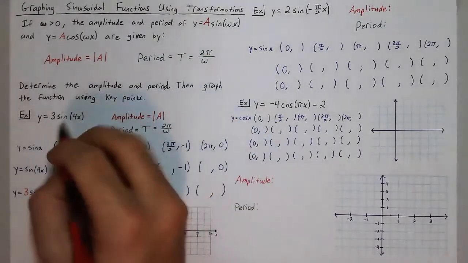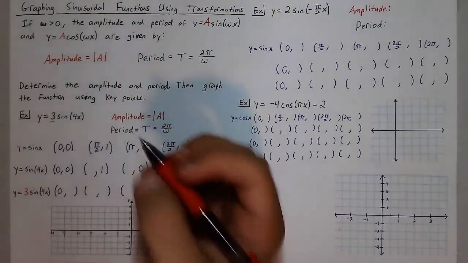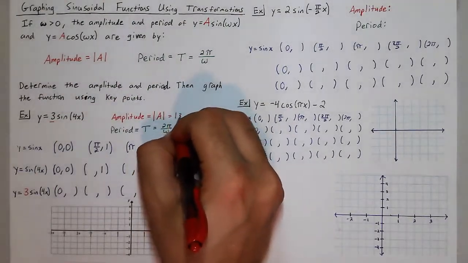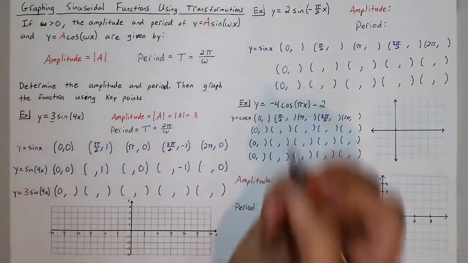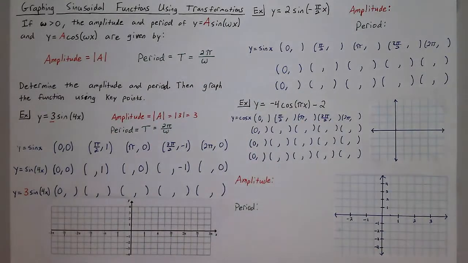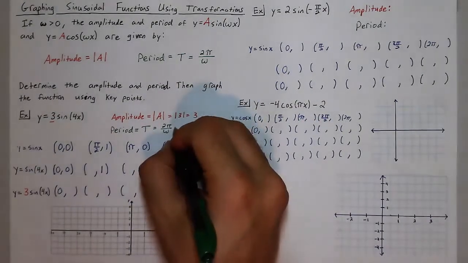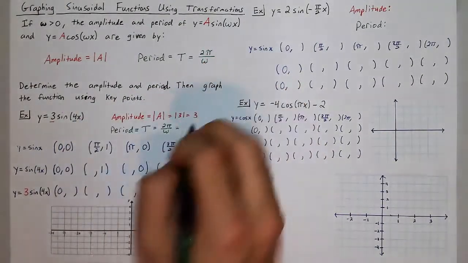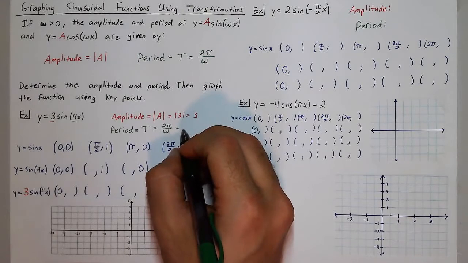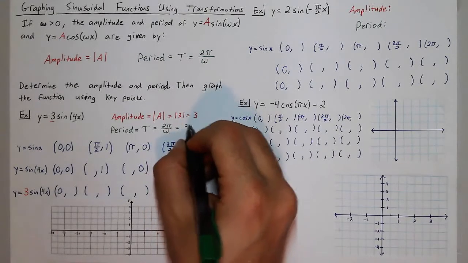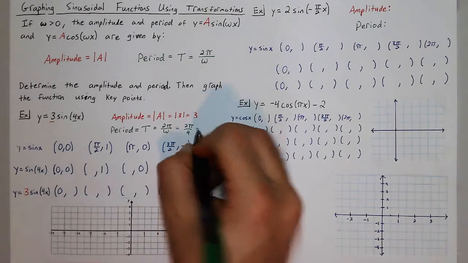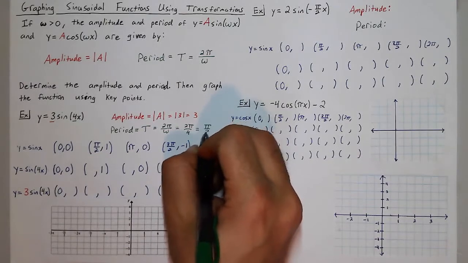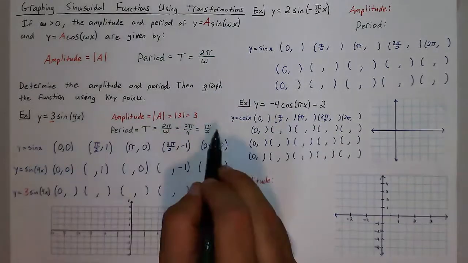The amplitude of this graph takes that 3 that's out in front and takes the absolute value of it, which is 3. So the amplitude of the graph is 3. Next up, the period: I take this 4, which is the omega value, and I take 2 pi and divide it by 4, and I get pi over 2, which means the period of this function is pi over 2.